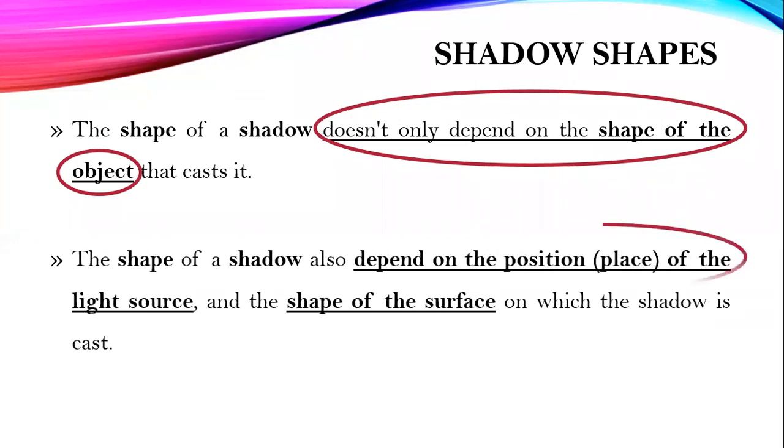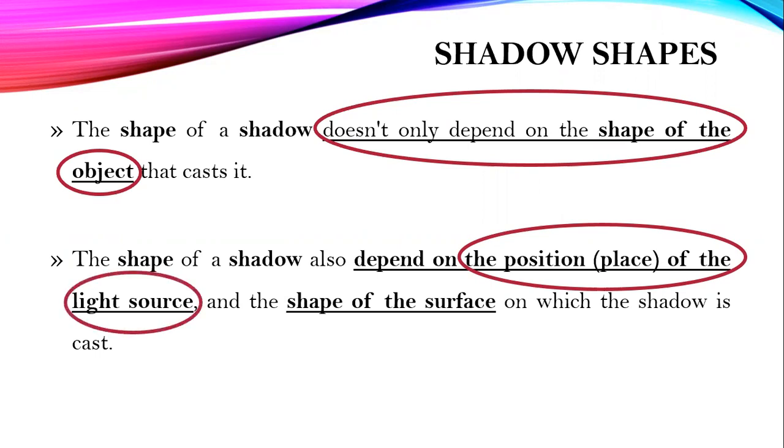The shape of a shadow also depends on the position or the place of the light source. Where you place the light source, the shape of the shadow will depend on it. And the shape of the surface on which the shadow is cast.